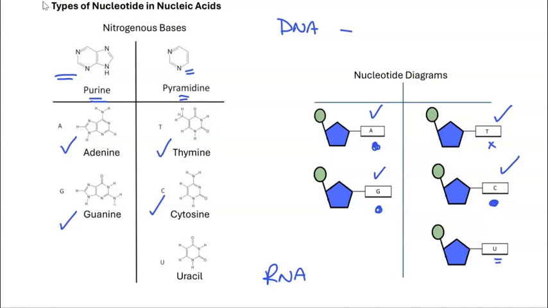So if we just make a brief note on that, we have A, T, G, and C types of base, whereas RNA would have A, U, G, and C types of base.